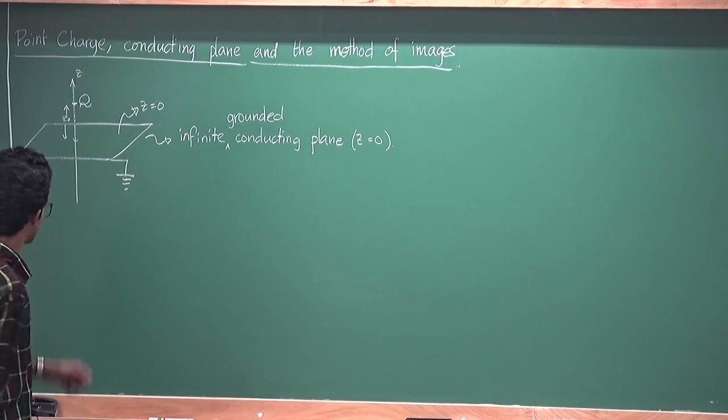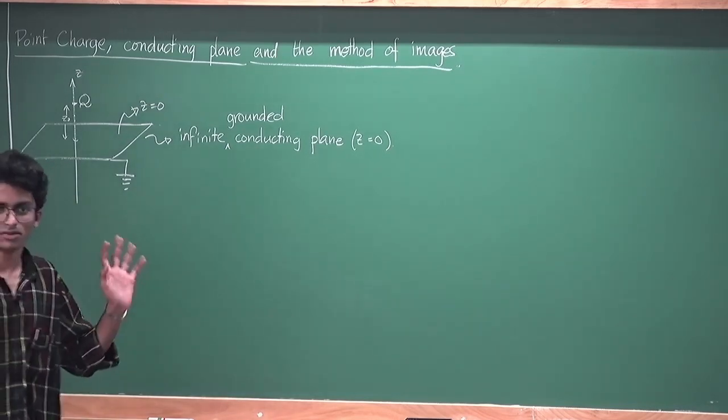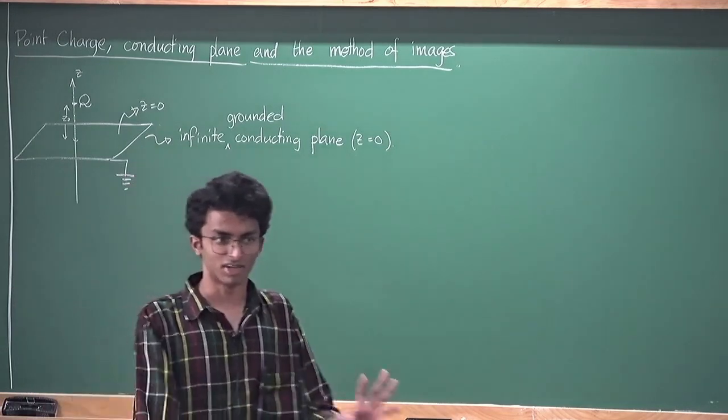Now you might scream, just put a minus q at minus z naught, write down the Coulomb Green's function for each of them, and we're done, right?